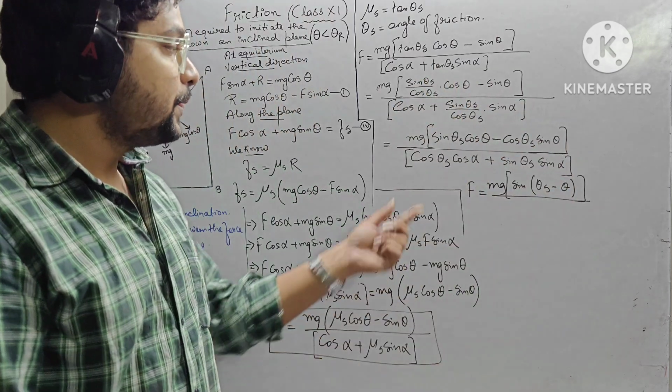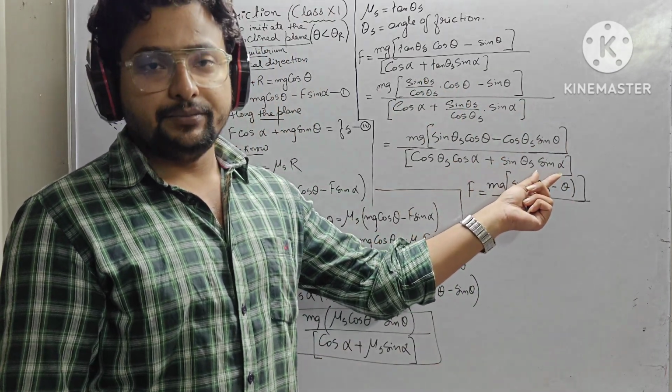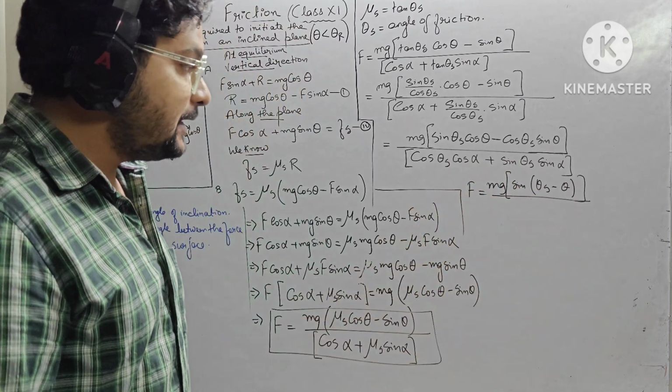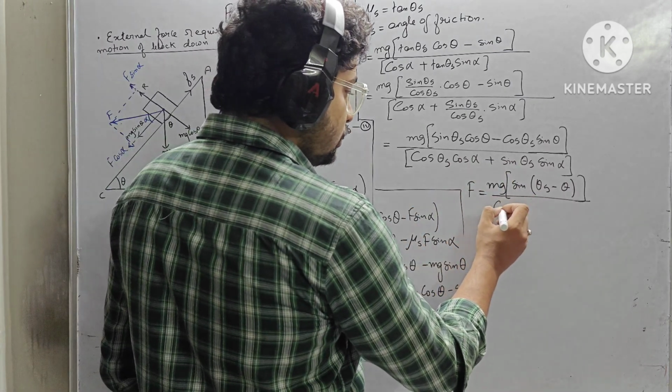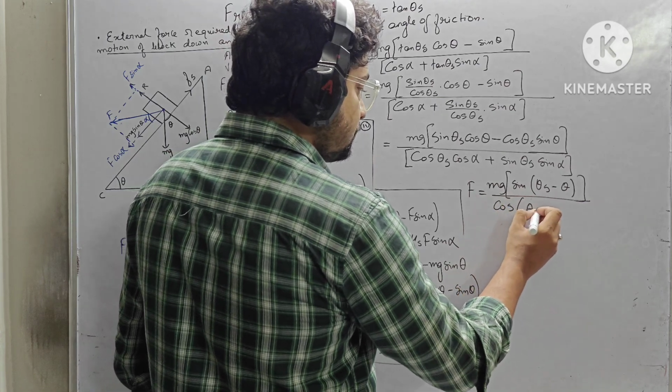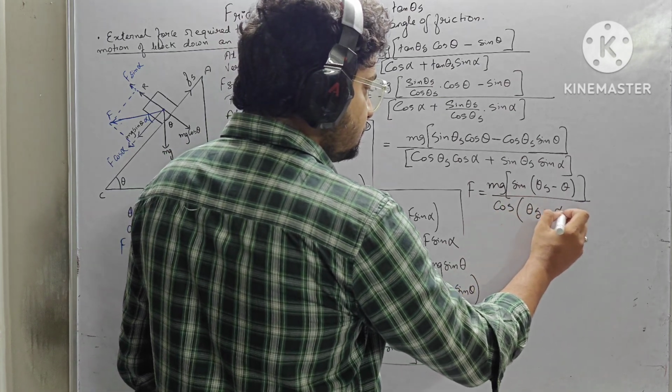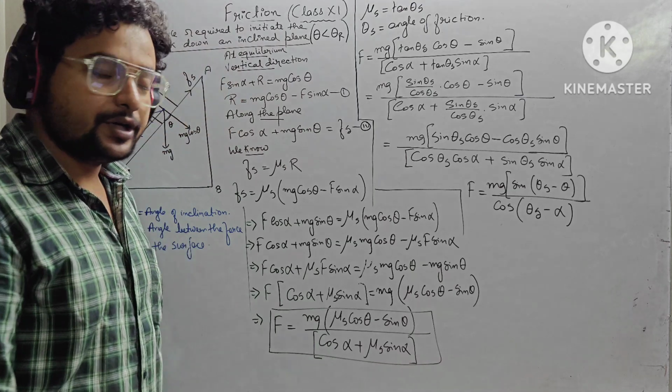So this is of the form cos A cos B plus sin A sin B, and this is actually cos A minus B.